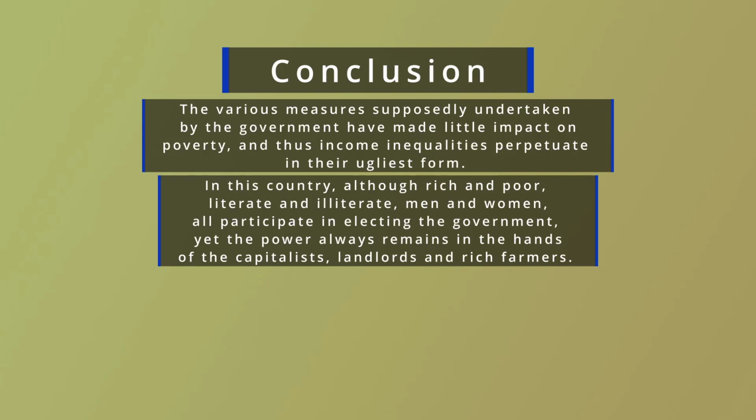The capacity of the national government to effectively tackle the problem of income inequality has considerably reduced in recent times, as observed by different commissions. Under these circumstances, one should not expect any positive approach from the government for the elimination of economic disparities.